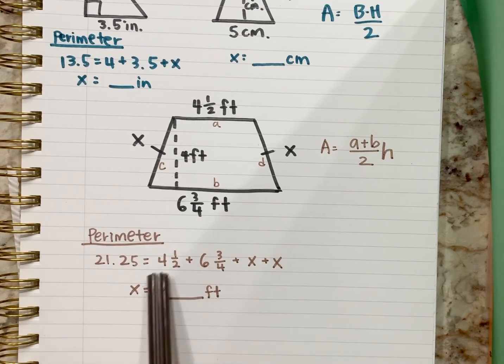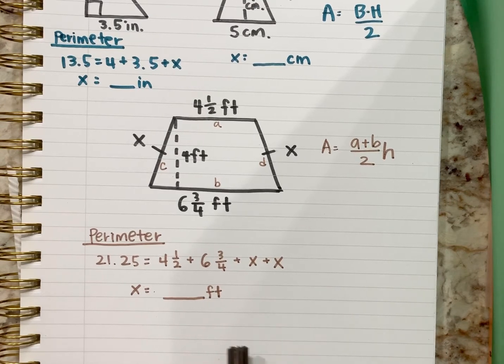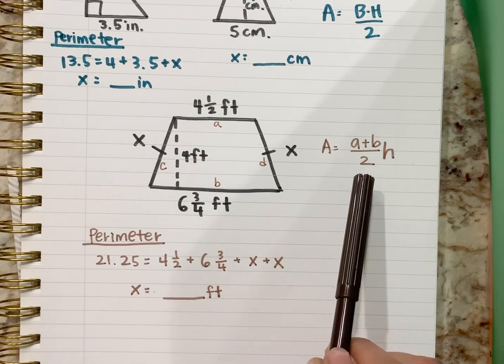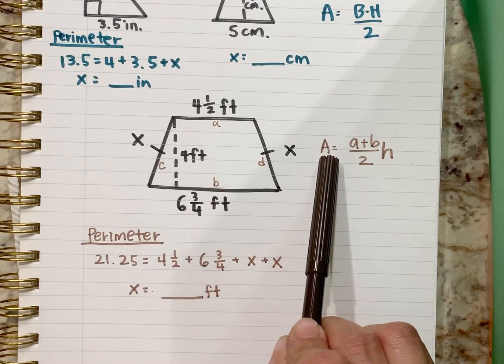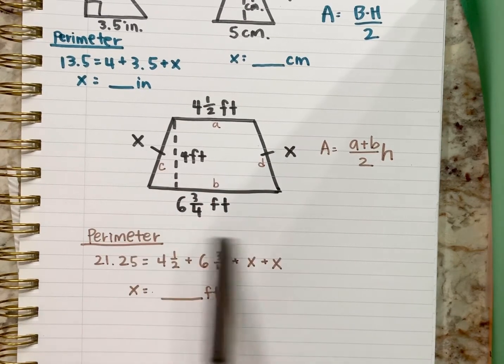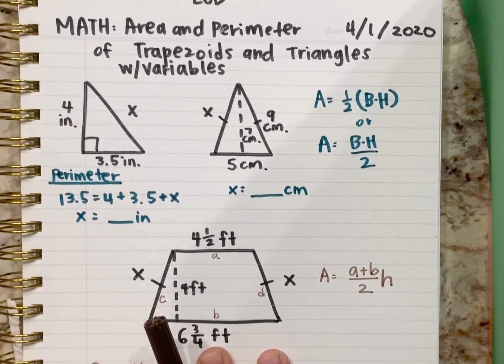Okay, so don't just fill that in, but I'd like for you to kind of put like a little explanation as to how you knew what x was. Okay. Secondly, we're going to again not only show me what x is equal to, but also solve for area of this trapezoid. I'm going to review one more time from the top.